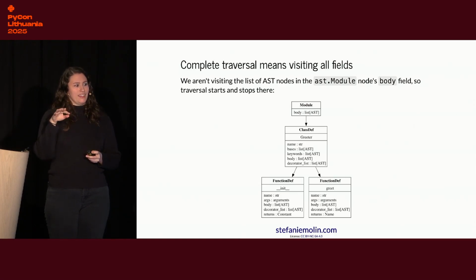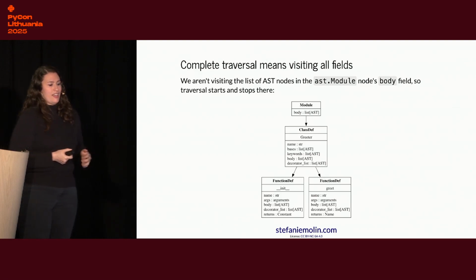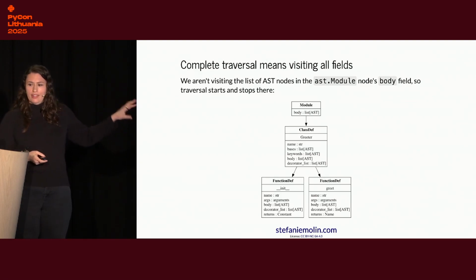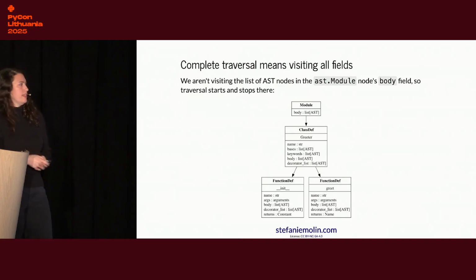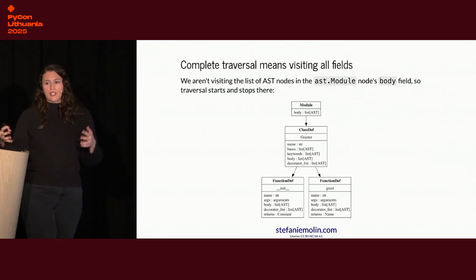We got stuck. And there's a reason we got stuck, but first we need to understand how this AST actually looks. So I've expanded now the smaller AST we had from before, and now you can see that we have several fields on each of these nodes. So the module had a body, the greeter class has a body, right? Function def has a body. Now, it's not enough just to explore the body.